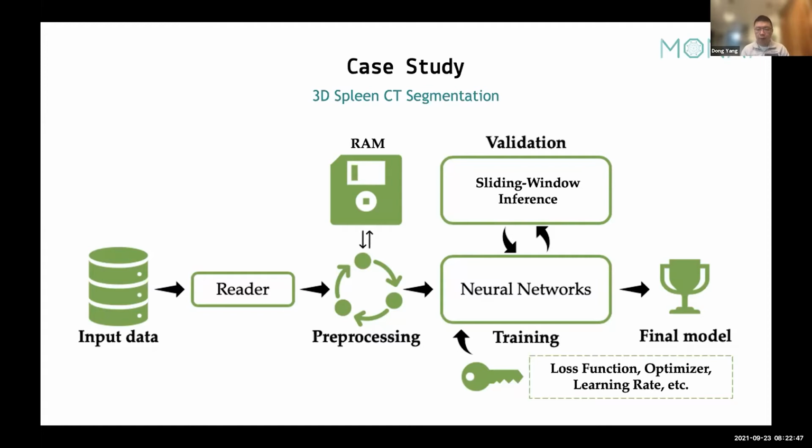For model training, we have to choose the loss function, optimizers, learning rate, etc. And for validation, because medical images have various sizes, we want to carry out sliding window inference, and we also want to conduct that on the GPU. Then eventually we reach the final model.